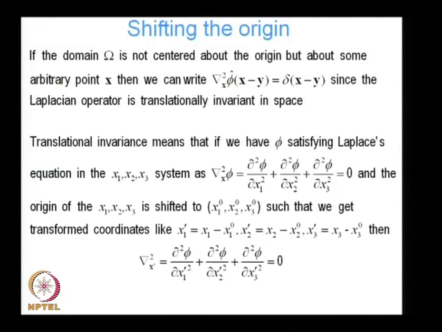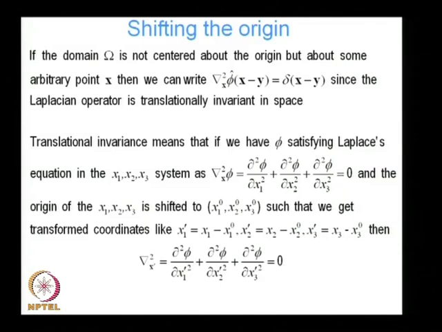I change my origin from 0 to x10, x20, x30, such that we get transformed coordinates x1 prime, x2 prime, x3 prime, where x1 prime is equal to x1 minus x10, x2 prime equal to x2 minus x20, x3 prime equal to x3 minus x30. Then the Laplacian with respect to x prime is exactly equal to 0, which can be shown.